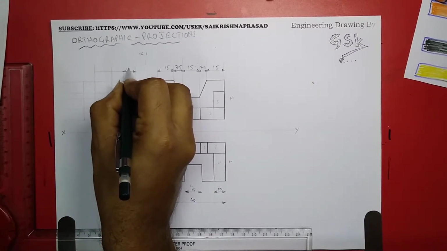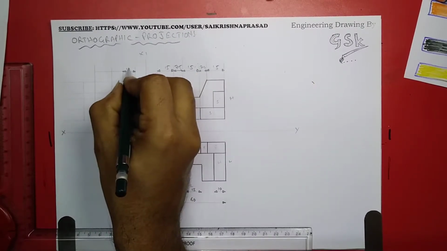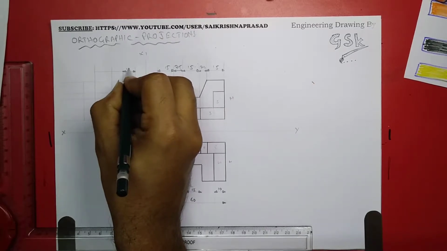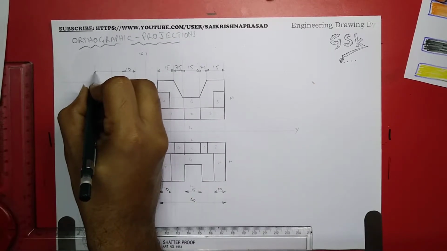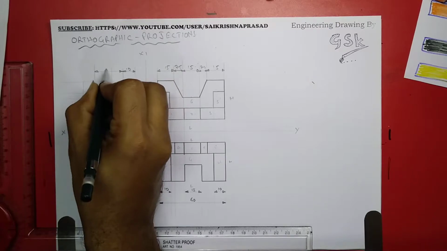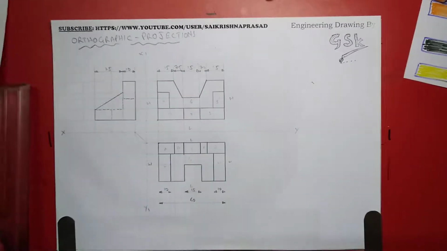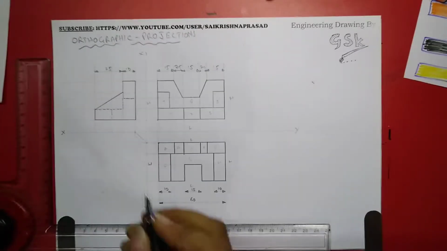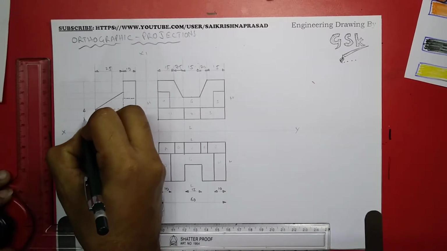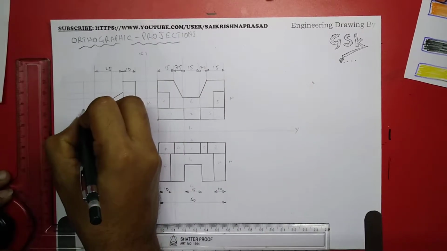This is 10 and this is 25. And coming to height, it is 35. So up to here it is 10.